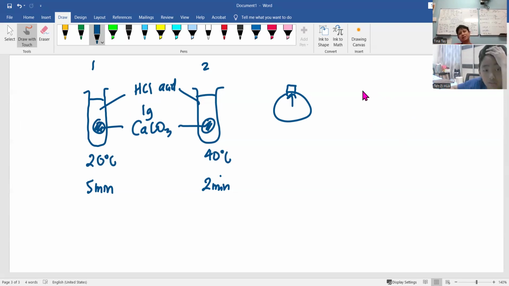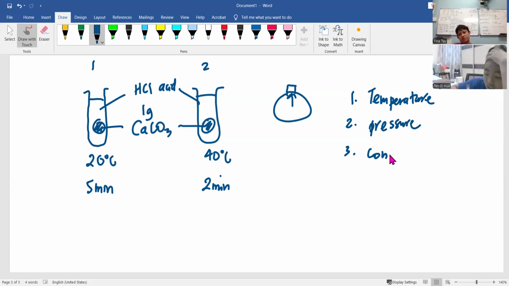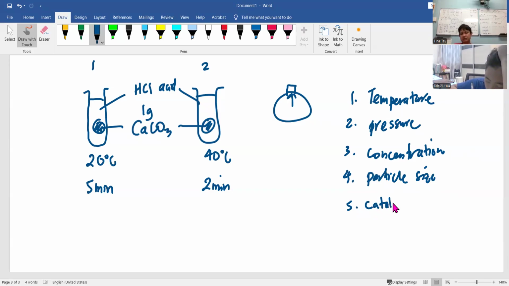Okay, so the 5 factors are: temperature, pressure, concentration, particle size, and catalyst. Okay. Can you understand so far?